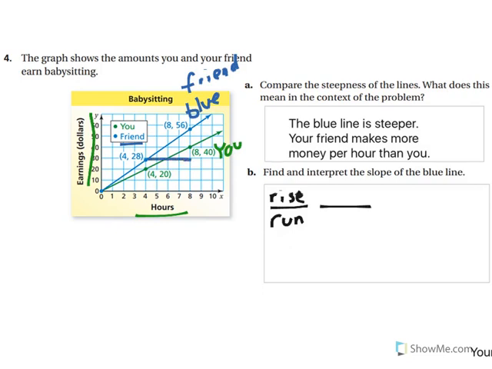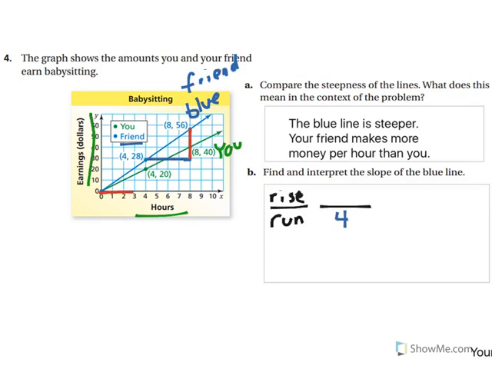It goes over 4, so our run is going to be 4. And then it goes up from 30 up to 56. Now that could be a little confusing, 30 to 56. Sometimes it's easier to look at it from the 0, 0 mark. Let me show you what I mean.